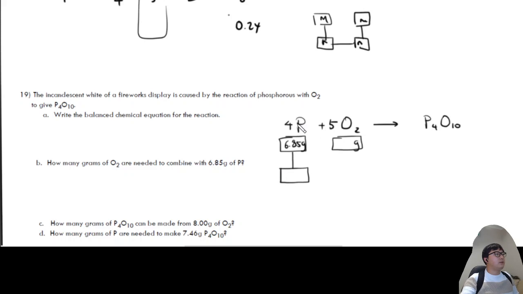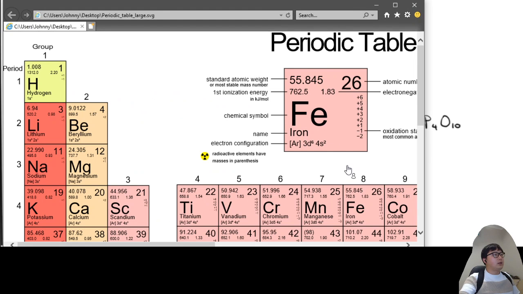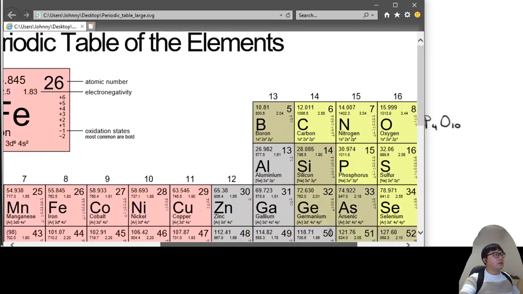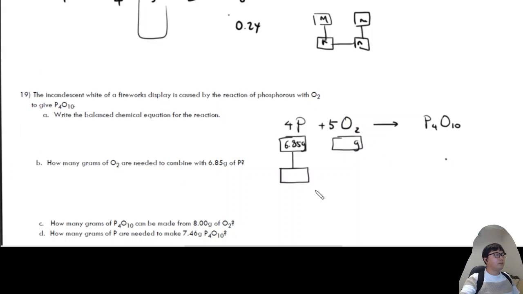So first of all, you have to divide that number. Let me just bring up the periodic table. The periodic table says the phosphorus over there is 31, 30.974.